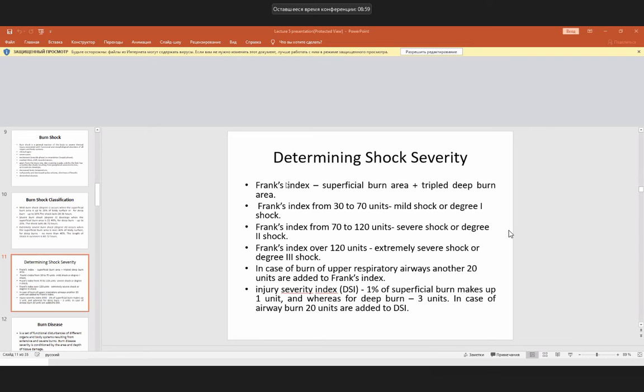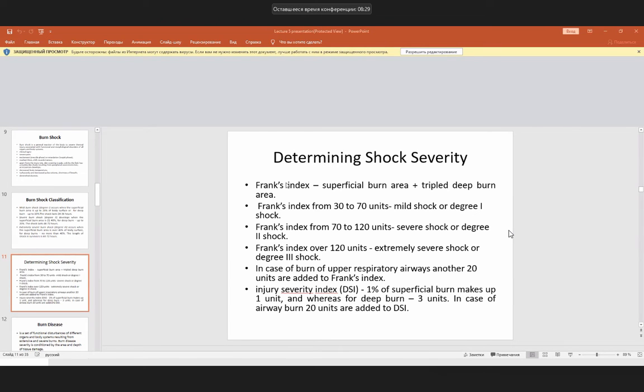Super strong stimulation of the central nervous system with pain impulses from the burn wound plays a crucial role in burn shock genesis. The area and depth of skin and underlying tissue damage are important too.